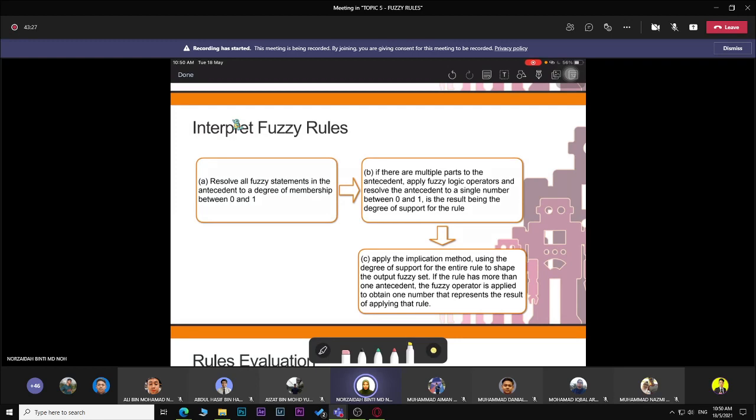And then once you have the degree of membership for the antecedents, only then do we apply the implication to the consequent, right? And then when the implication happens, you will modify the shape of the fuzzy set.